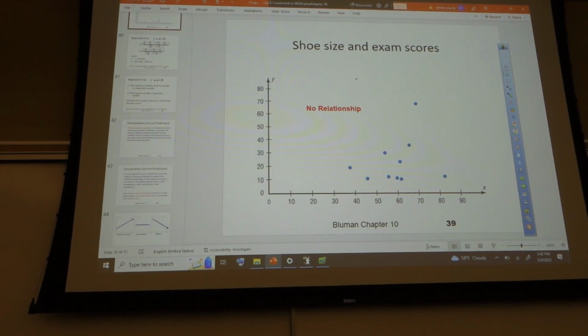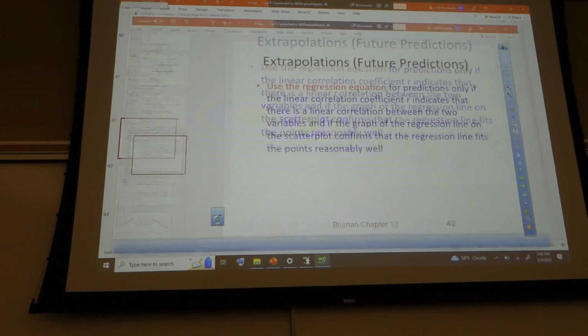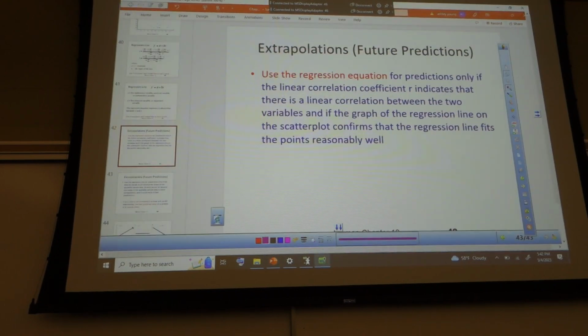So we're going to have you folks write some of this down. This is the middle of page 78. Okay, using the regression equation, only use it if there is a linear correlation between the two variables.